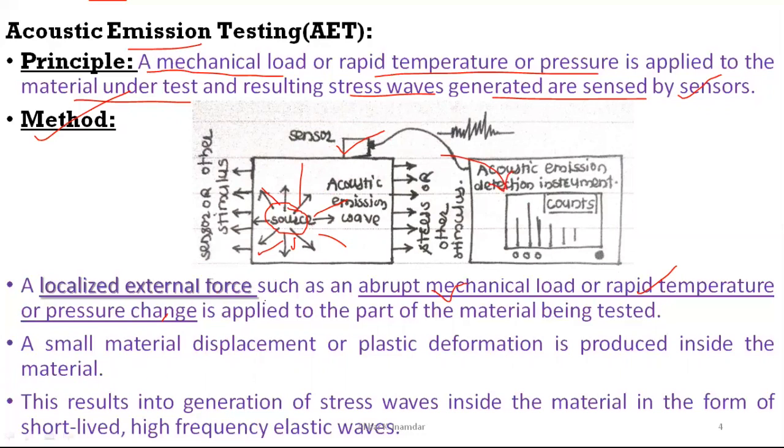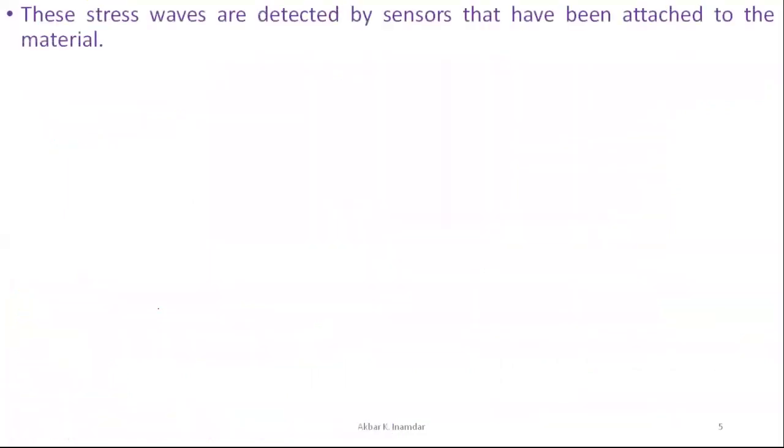When external forces are applied, material displacement or plastic deformation is produced inside the material. This results in generation of stress waves inside the material in the form of short, high frequency elastic waves.